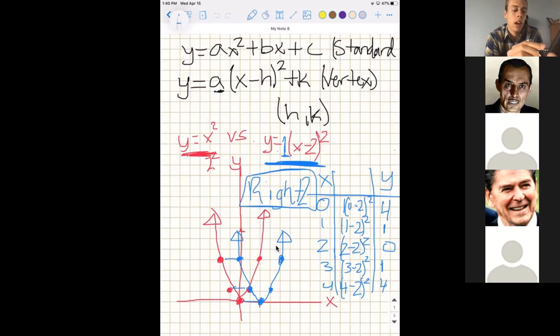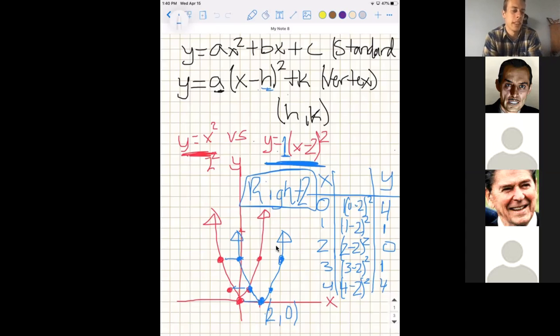Our vertex, or our lowest point, would be (2, 0). That's where that x minus h comes from. If h is 2, your vertex better be 2. And we don't have any number on the end yet, so that's where the 0 came in.